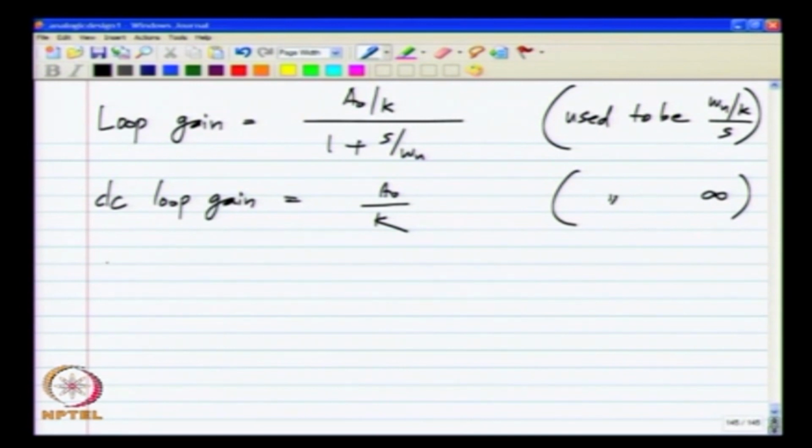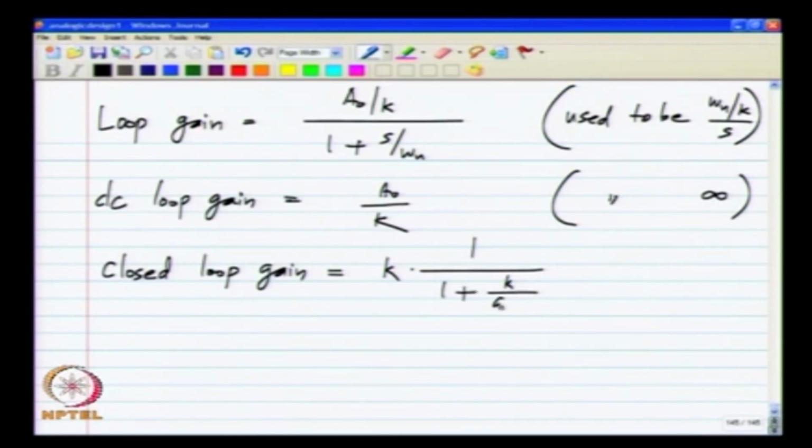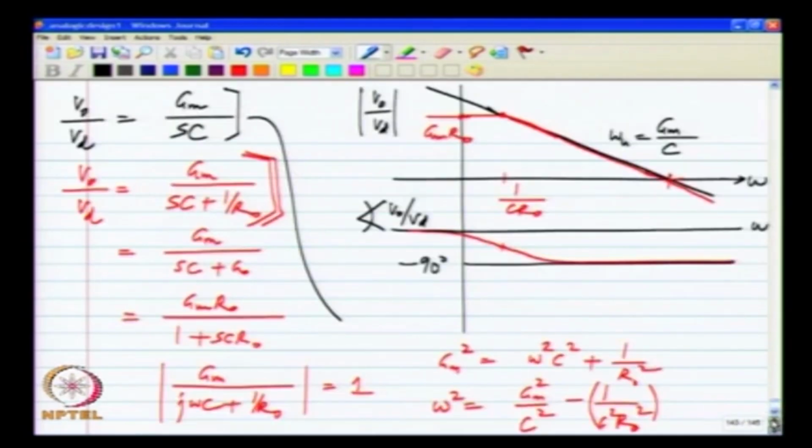And if you look at the closed loop gain, it is equal to K over 1 plus K by g m r naught. So, let us just quickly go back and see that is what we had.